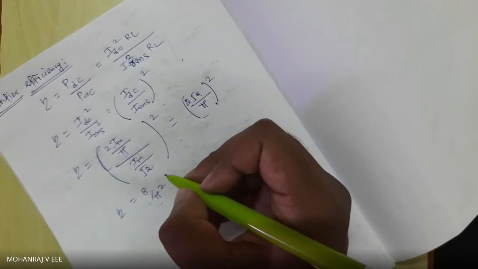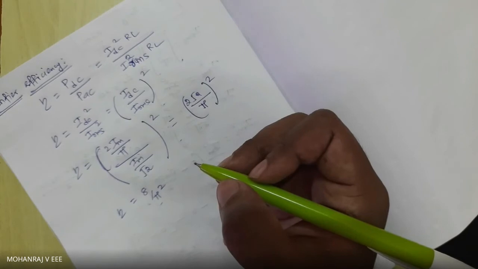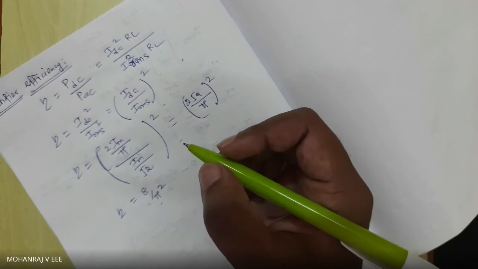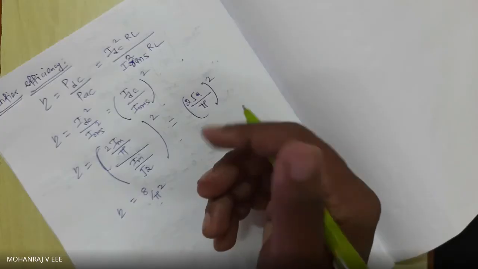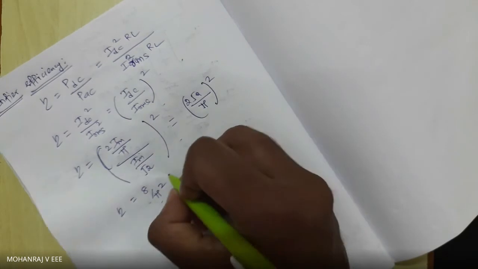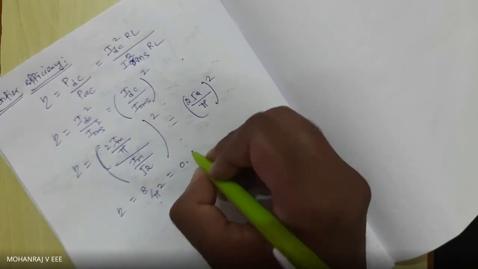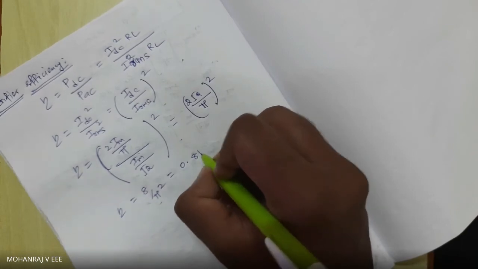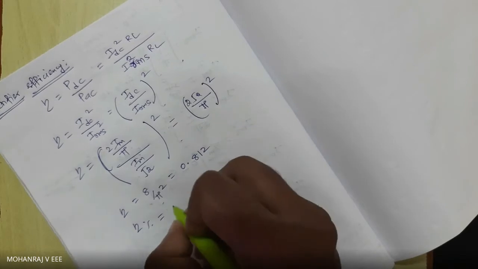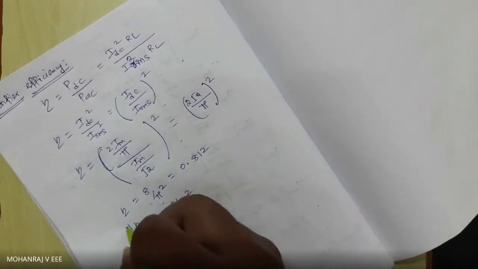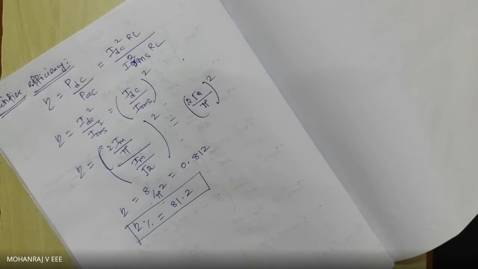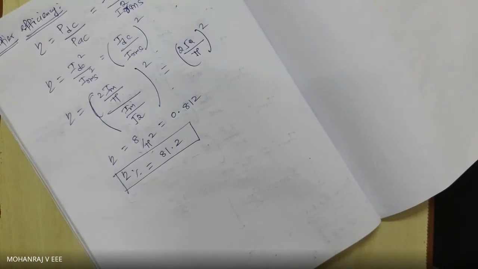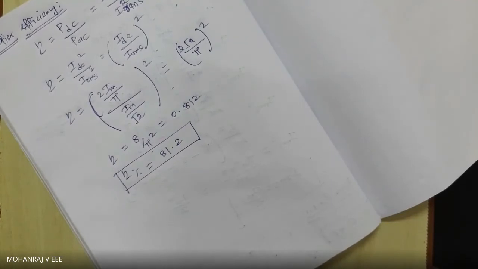So rectifier efficiency is 8 by pi square, which is 0.812. In percentage, it can be written as 81.2 percent, the efficiency of the rectifier.